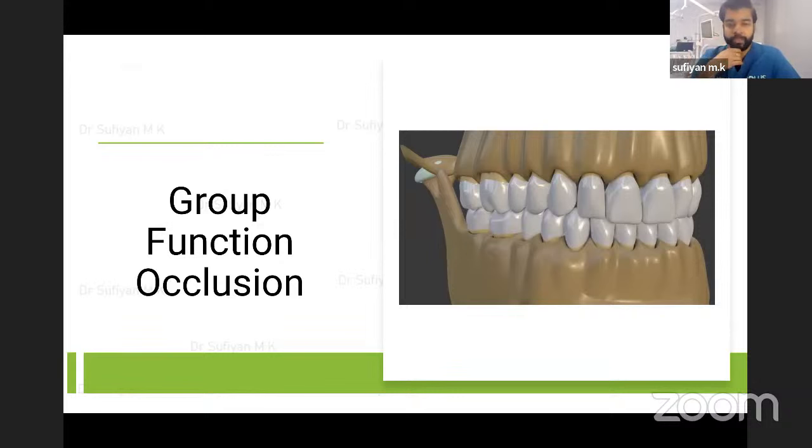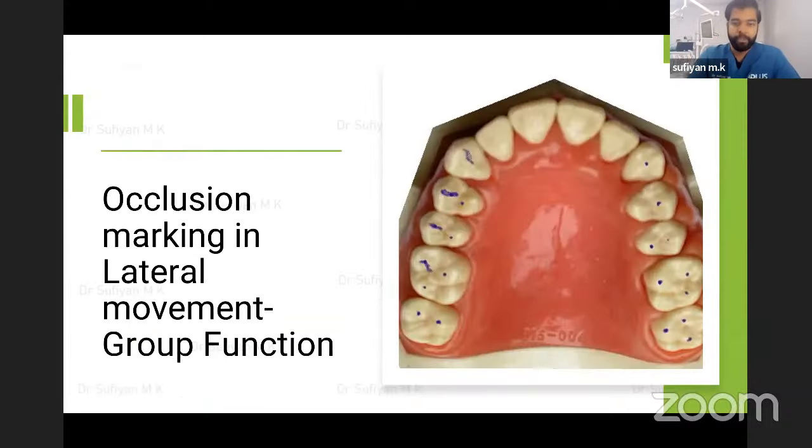So if you keep articulating paper between the jaws and try to move your mandible to the right side, okay, that becomes your working side, and you will see drag marks like this, okay? So when you have multiple markings like this in the posterior, starting with the canine, you are having a group function kind of occlusion.